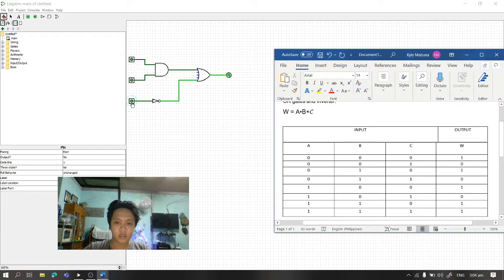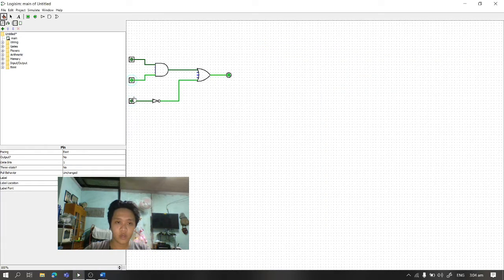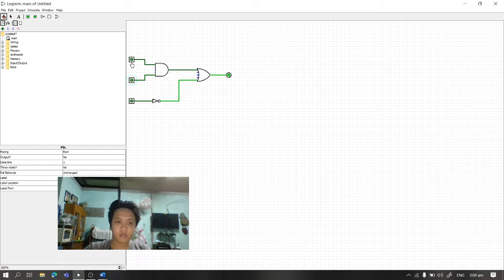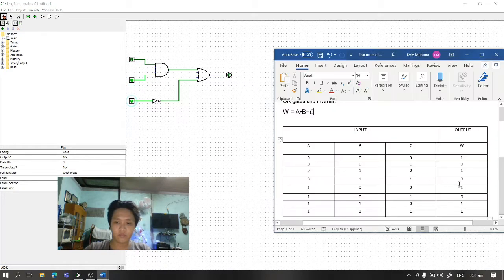Then if 0 1 0, the output is 1. If 0 1 1, the output is 0.